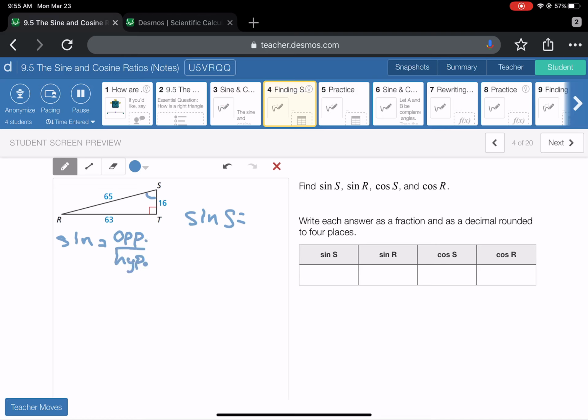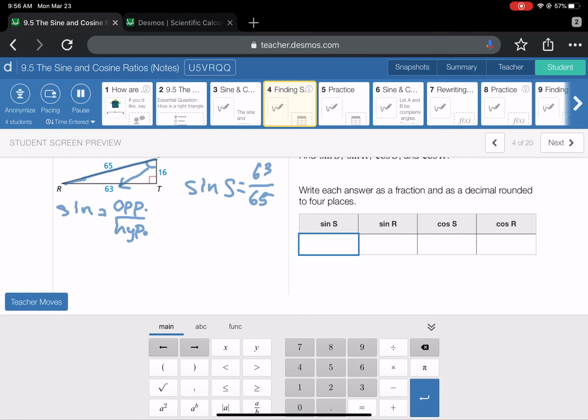So for sine S, we want the opposite side of angle S, which is 63, over our hypotenuse, which is 65. So we're going to put 63 over 65.